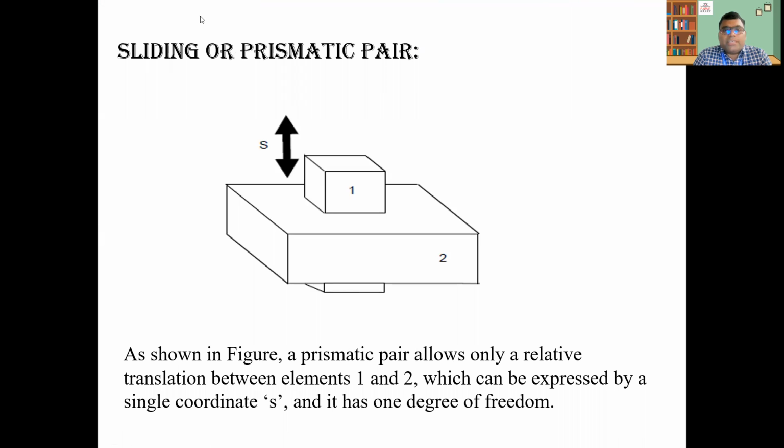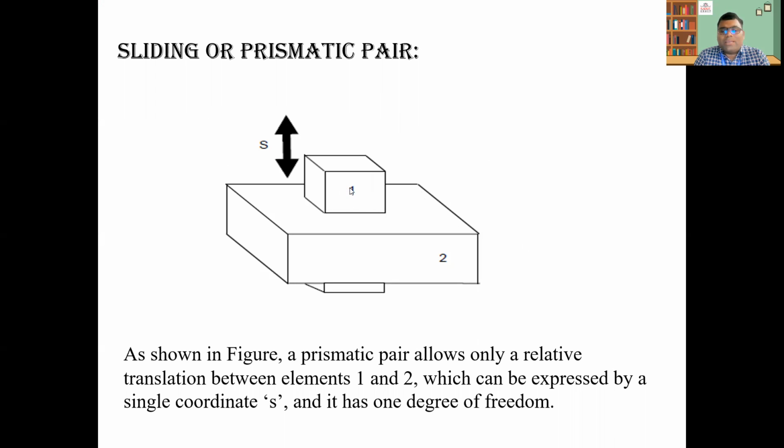So let's discuss in detail with the help of diagrams, to understand how these pairs possess their motion and also their degree of freedom. You can see this is a diagram of a prismatic pair. In the prismatic pair, it allows only relative translation between element 1 and 2.